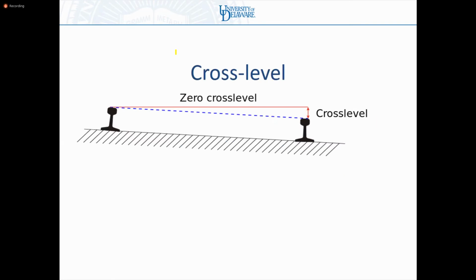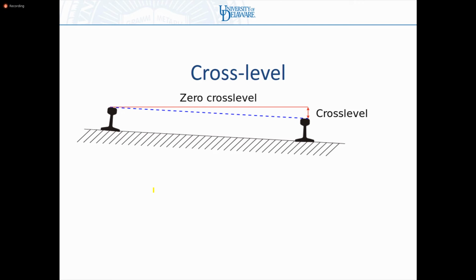Cross level is a variation in height between the left rail and the right rail that's not supposed to be there. So cant is a variation in height between the left rail and the right rail that you want to be there. You design it. You say, I want 100 millimeters of cant, so I put in 100 millimeters of cant. If I have level tangent track and I have no cant, and I go out there and I measure 50 millimeters, then I have 50 millimeters of cross level.